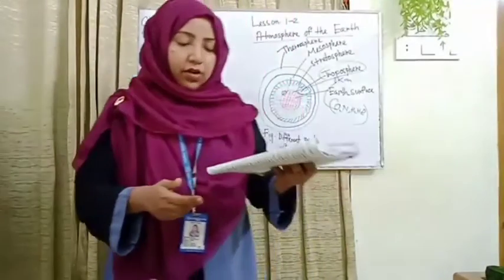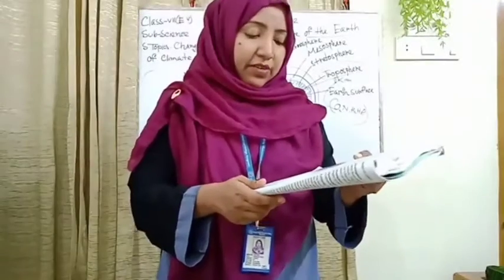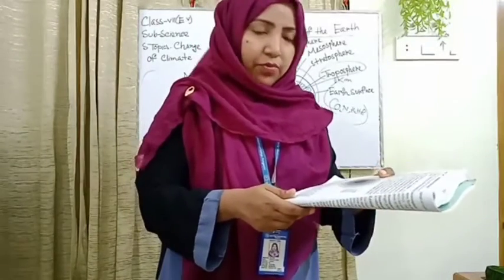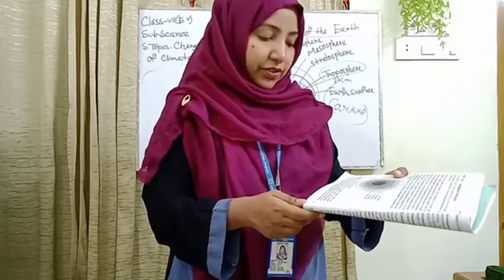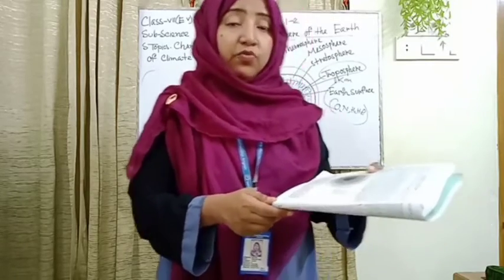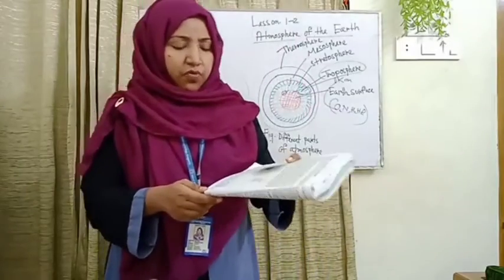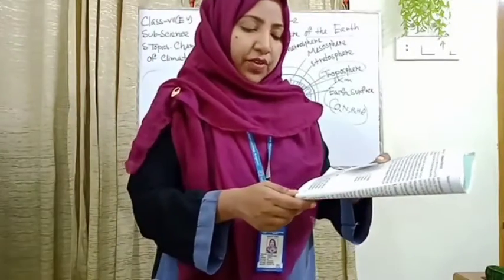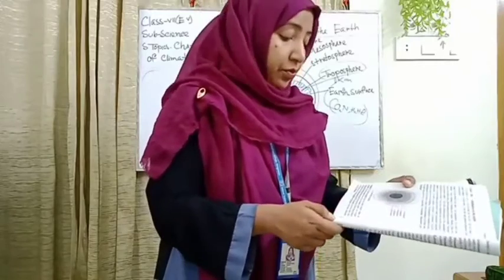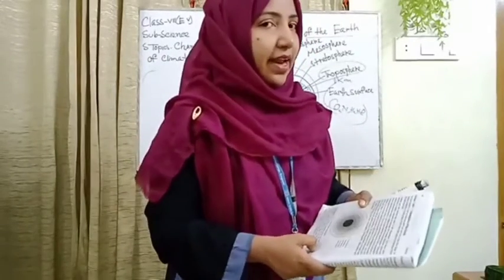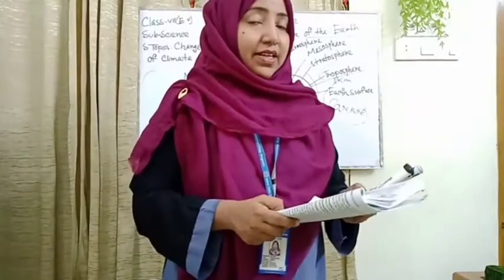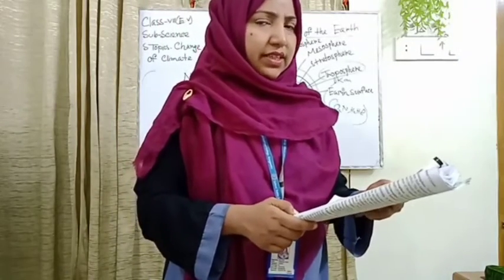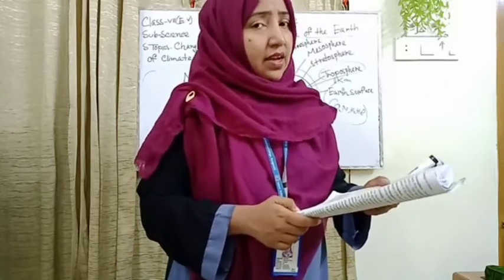In this layer all the things happen that influence life of human beings and other organisms, such as cloud, rain, wind, storm, fog, etc. For these happenings, the troposphere is the most important layer of the atmosphere for animals and plants. Basically this layer also contains the weather, wind, rain, etc.